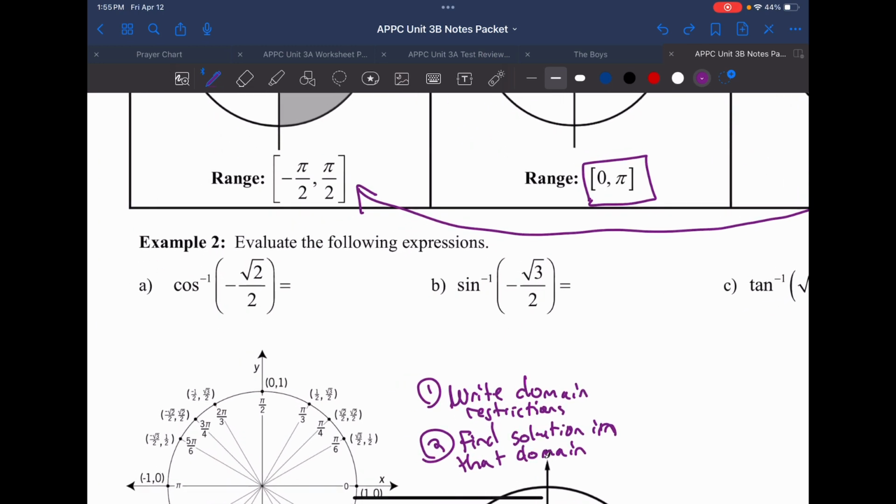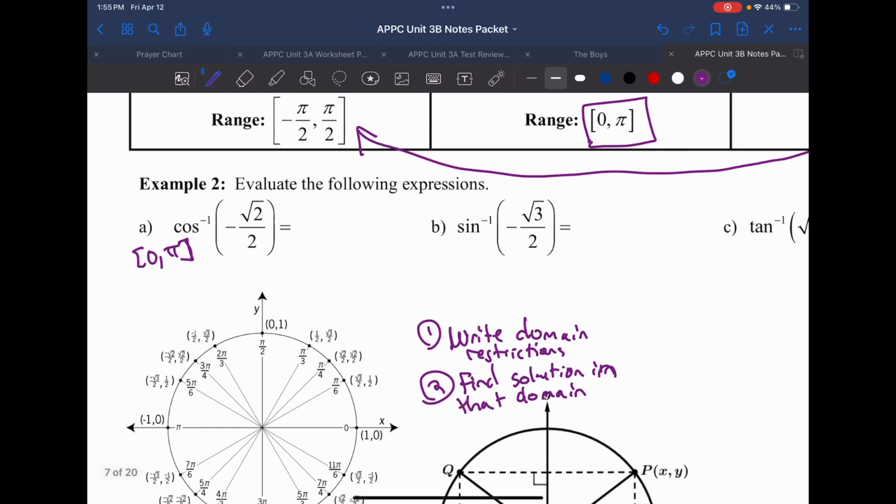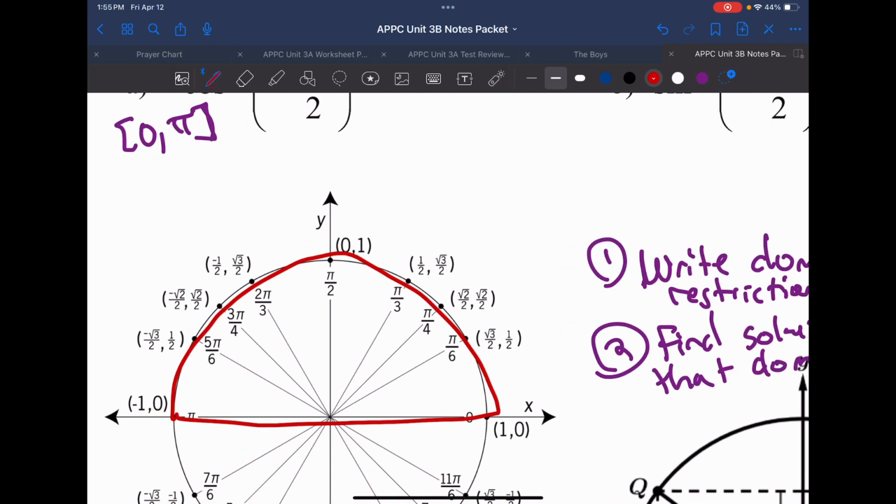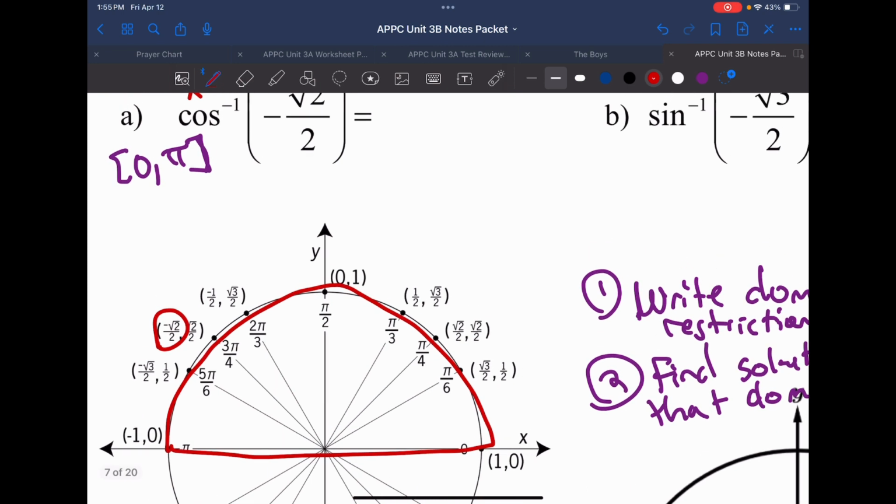So right here, I'm going to write that's from 0 to pi, just to help myself remember, bracket that up. And then I'm looking from 0 to pi on this top half of the circle here, where is it negative square root of 2 over 2? And remember, cosine is x. So cosine is x here, and that happens at 3 pi over 4.